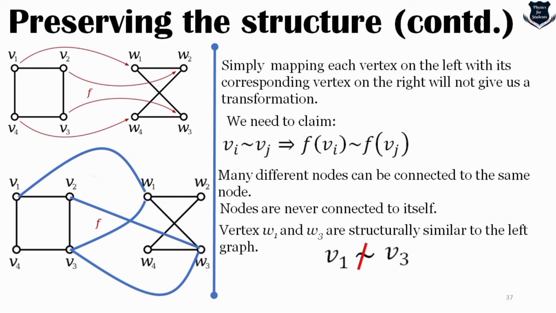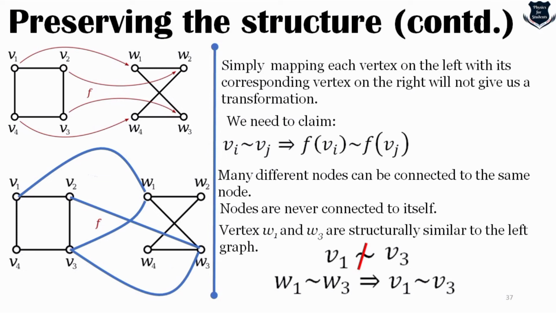As we have seen, V1 was not isomorphic to V3, and here I prove that W1 is isomorphic to W3, so it implies that V1 is isomorphic to V3. So this is what we call structure preserving by connecting different nodes. This is the part one element of what is called preserving the structure in terms of diffeomorphism.